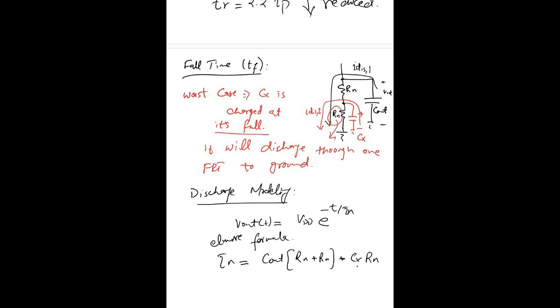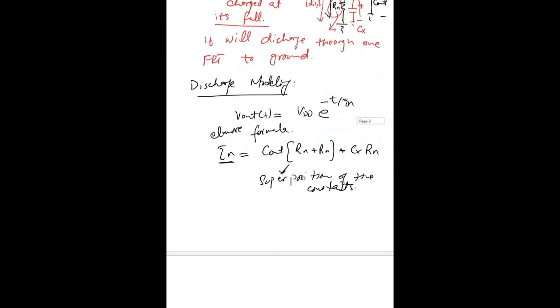So this is our tau N. And why do we write it like this? Because we are using a superposition of time constants.